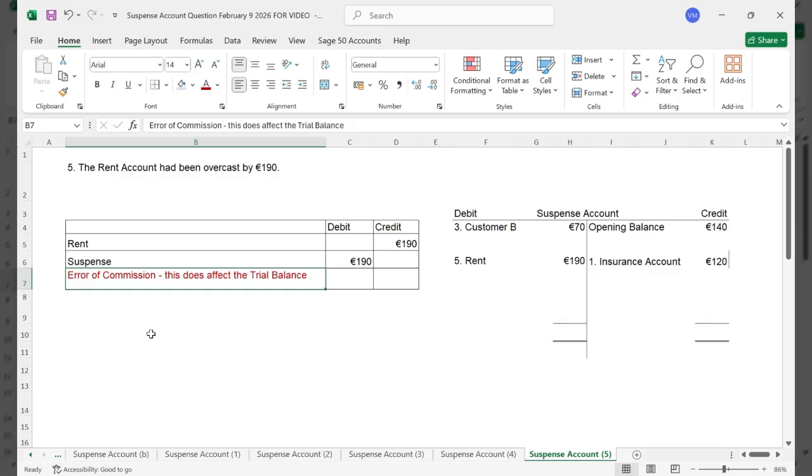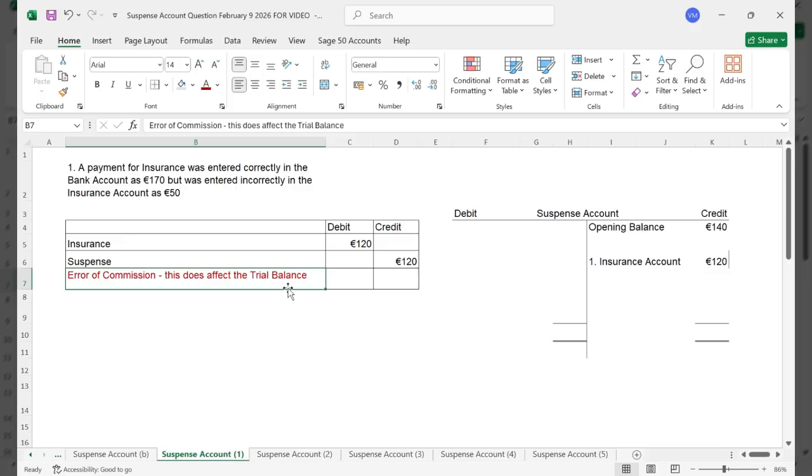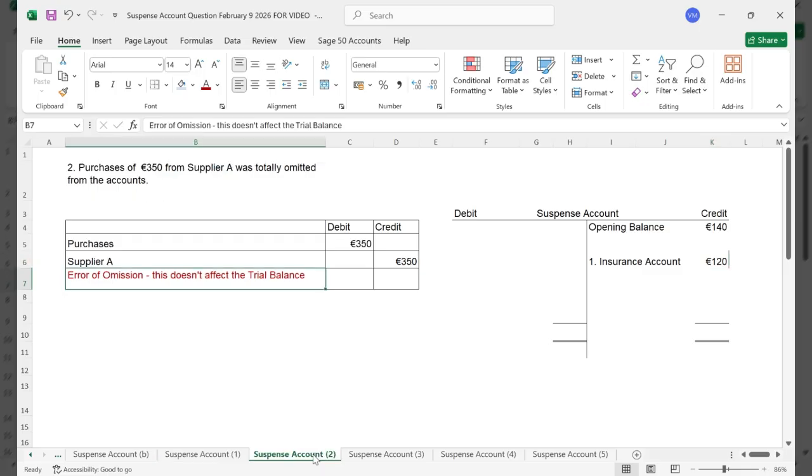Very quickly, if we ran through it, you'll see in the suspense account 120 over here, the insurance error. The next one, the purchases and suppliers, doesn't affect the suspense account at all.